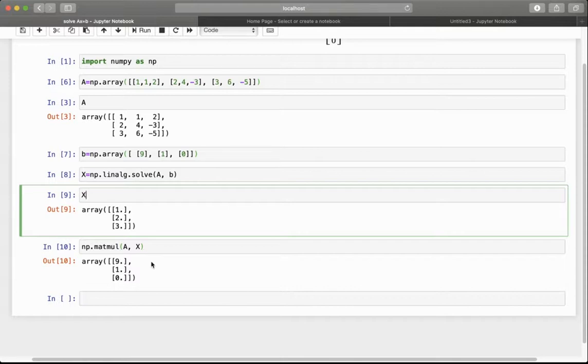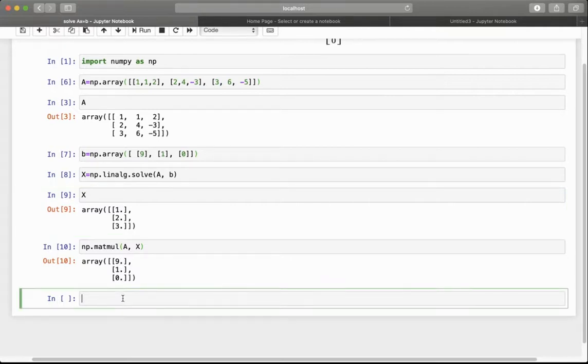That's something we haven't learned yet, but we'll learn in the next section how to multiply two matrices. And the code for that is np.matmul. That stands for matrix multiplication, A times X, and we indeed get B.